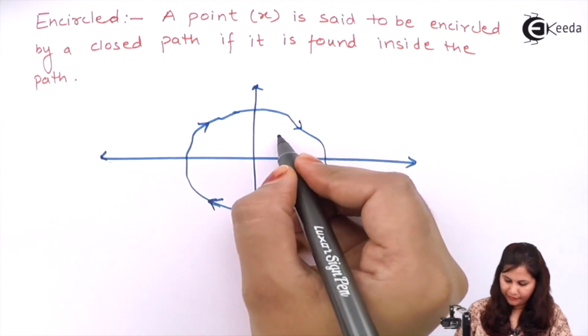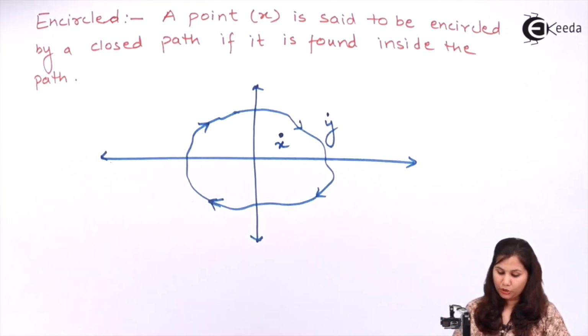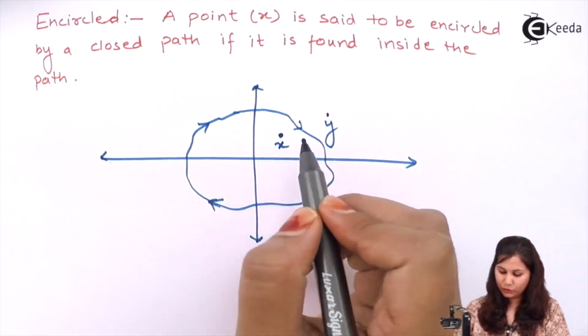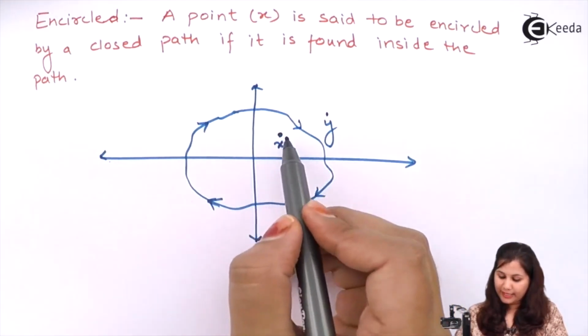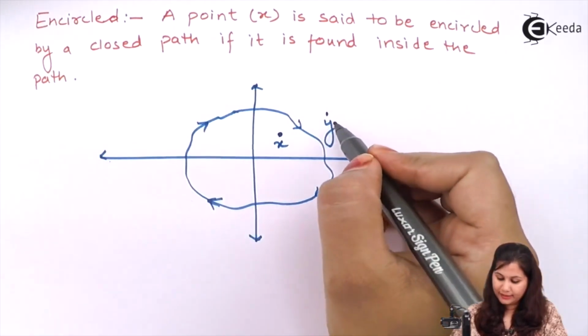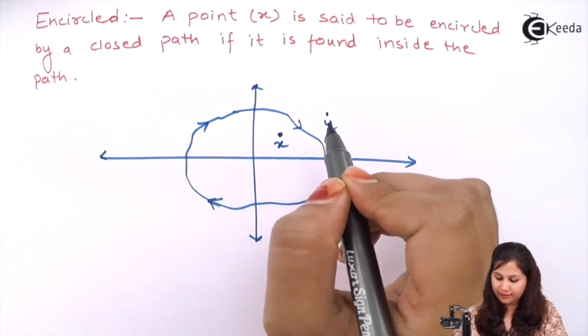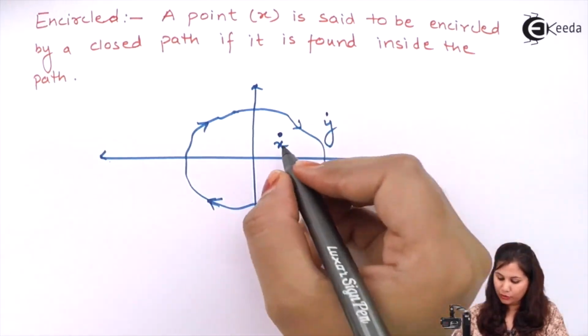Okay, we have a point X here and a point Y here. So this point X is said to be encircled by this closed path because it is lying inside this path. Why is this point Y not encircled? It is not encircled by this closed path because it is lying outside this closed path.